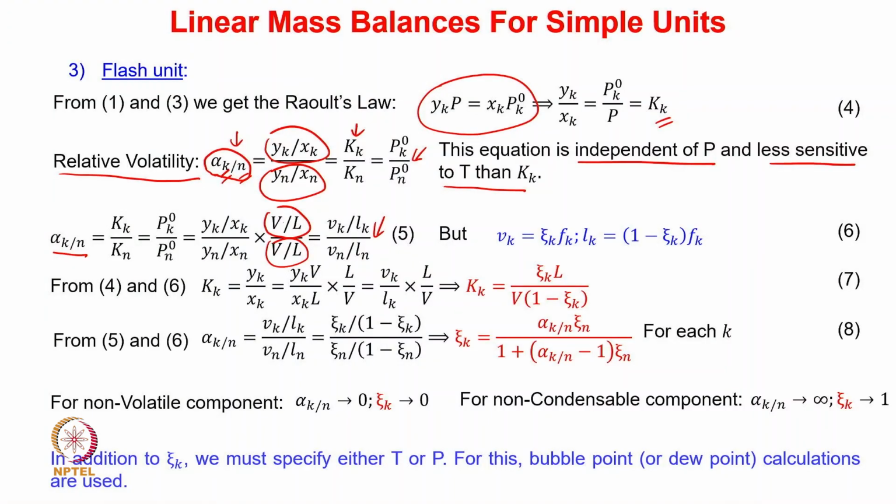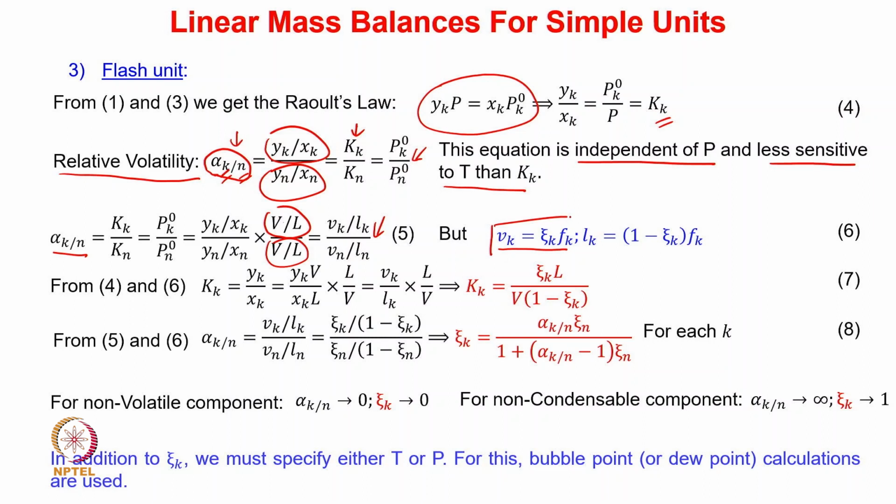Now once we have obtained this equation number 5, this can be further simplified. What will be Vk? Remember, Vk we have defined as Vk is nothing but zeta k into fk. That is what we are saying. Zeta k is nothing but the split fraction. So how much split fraction is going to happen with respect to the feed molar flow rate of the component k in the feed?